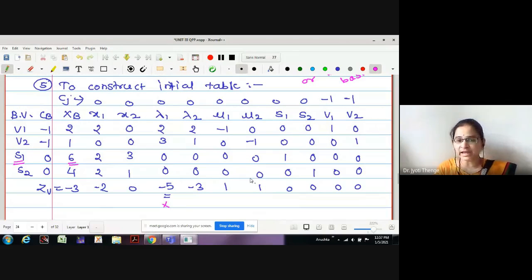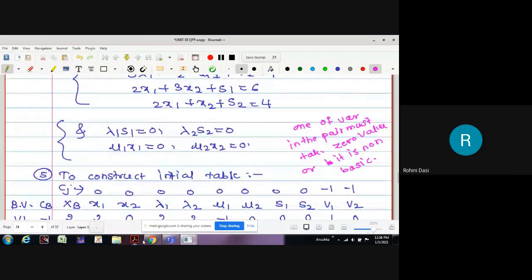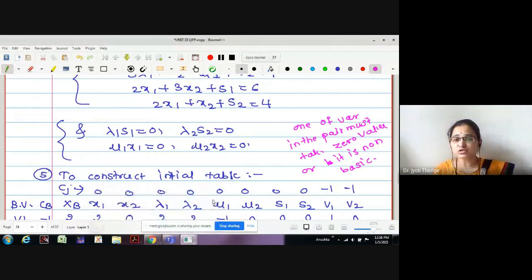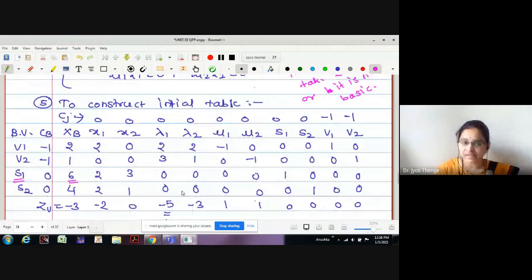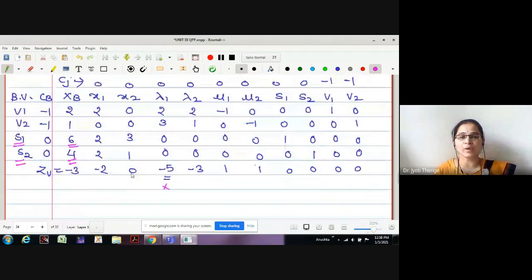Let us go for the next choice. The next negative net evaluation is lambda 2, which is minus 3. But what is the pair of lambda 2? S2. Is S2 present in the basis? Yes, S2 is present in the basis with value 4, a non-zero value.